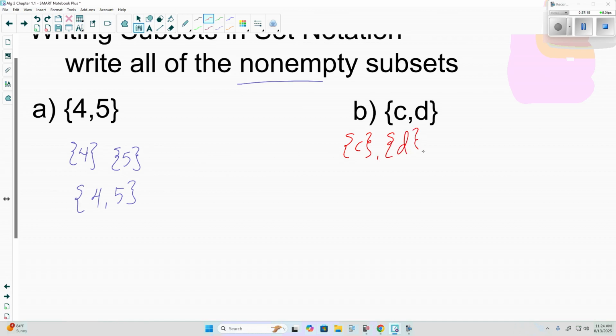D. Or we can have C, D. We feel good with this here? So when we have 2 elements in a set, we get 3 subsets. It's not too bad. We ready for the next one?